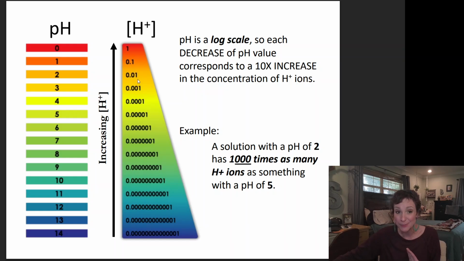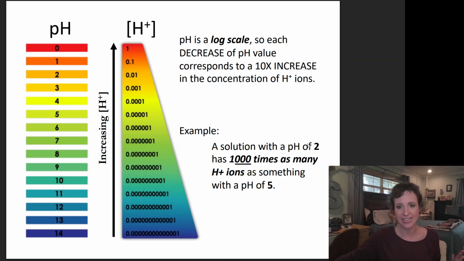Not only does it correspond to an increase in the hydrogen ion, it's a log, so each step corresponds to 10 times more. So at a pH of 0, I have a hydrogen ion concentration of 1, but if I make that number bigger and bigger, the hydrogen ion concentration gets smaller and smaller by a factor of 10 each time.